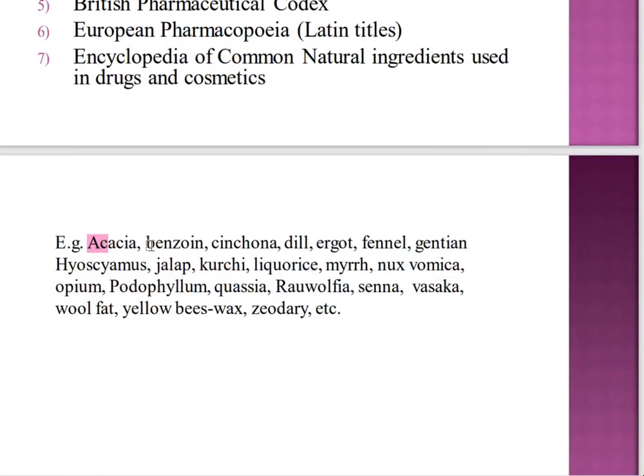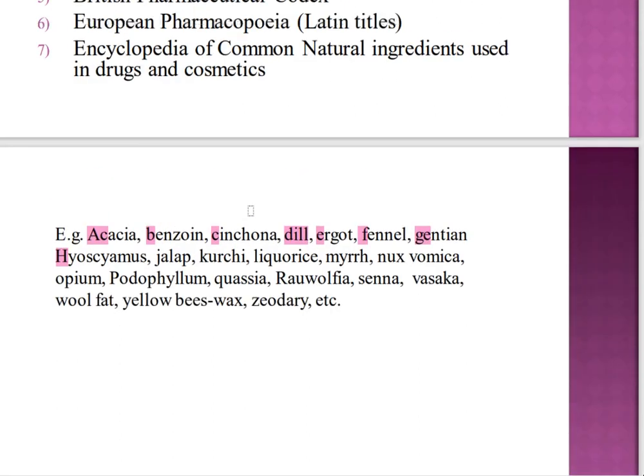You can see acacia, benzoin, cinchona, dill, ergot. Yes, these all are classified based on the alphabetical order. You can see A, B, C, D, E, F, G. So this one example, you have to remember for the alphabetical classification.